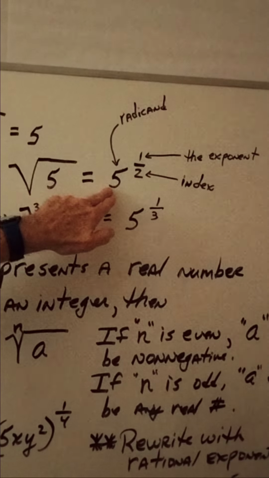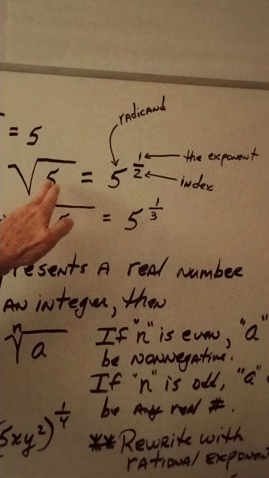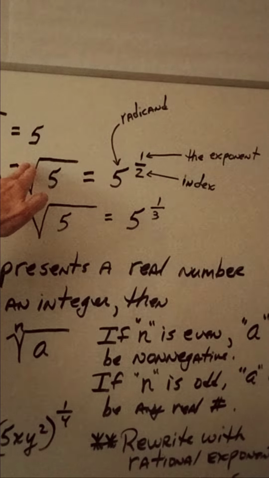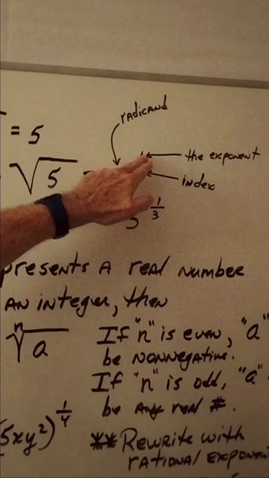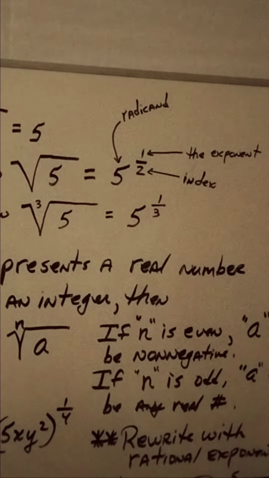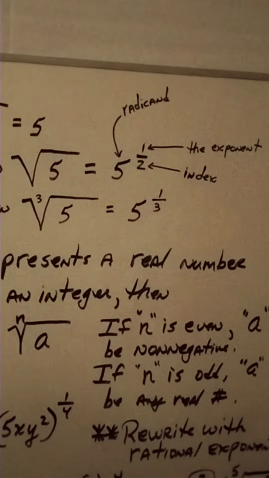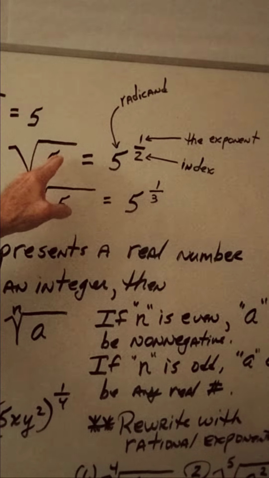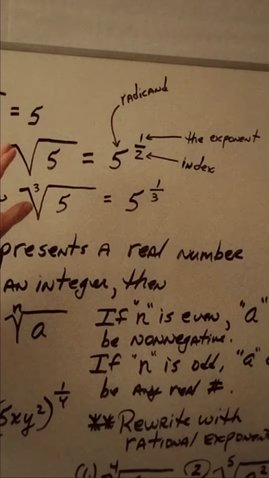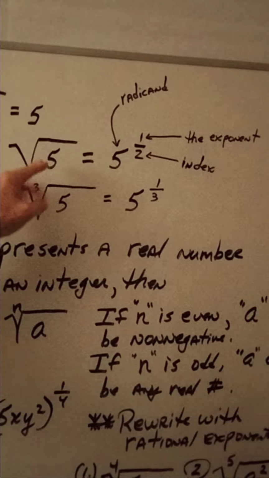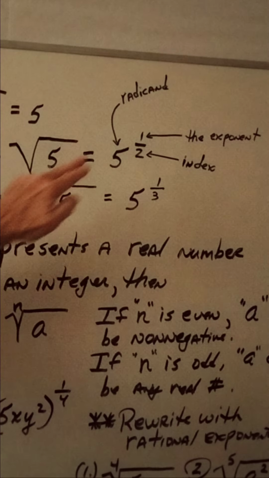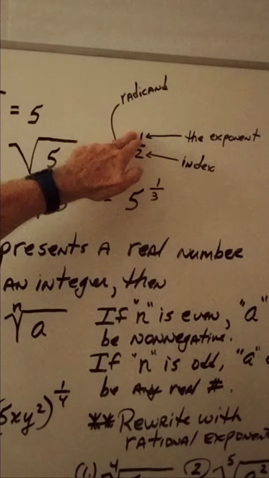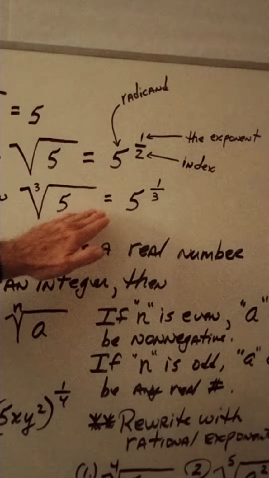So, the base of 5, the radicand. The denominator of 2, the index. And the function of the numerator 1 is the exponent. There is only one radicand of 5, or there is only one radical of 5 that we see here. The radicand, the index, the exponent. Same thing on this one.